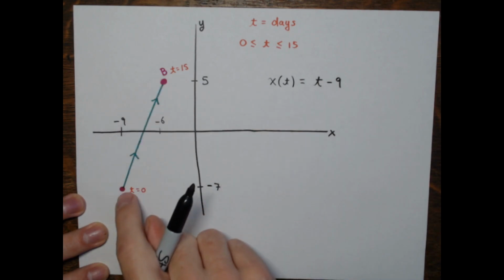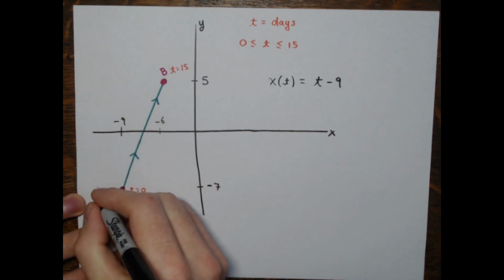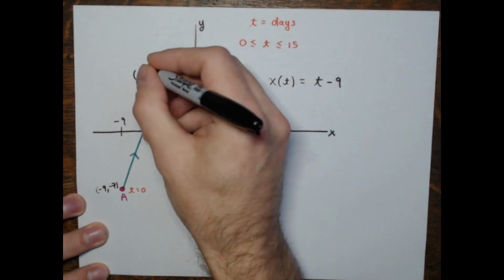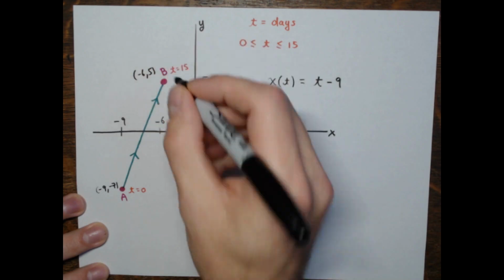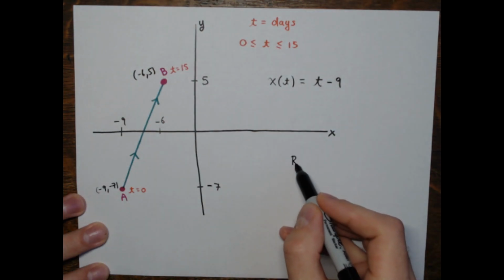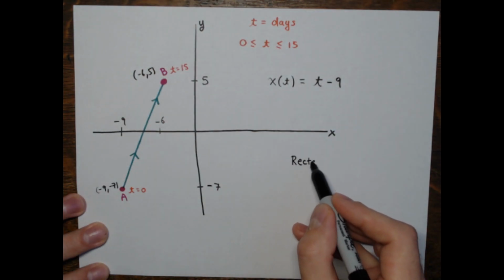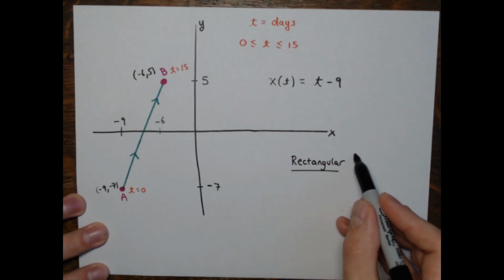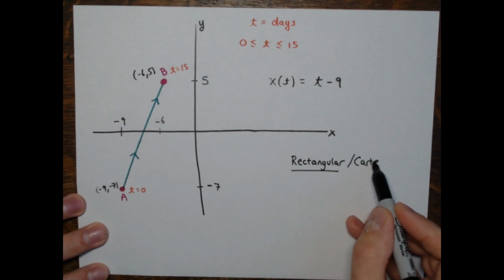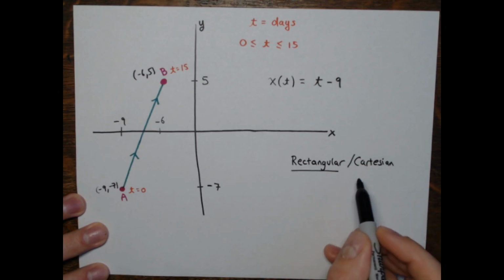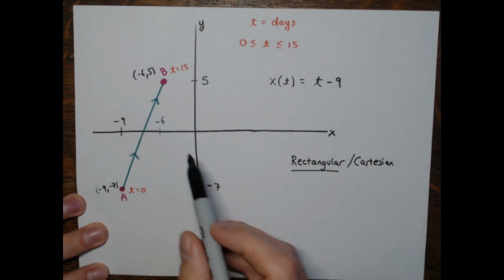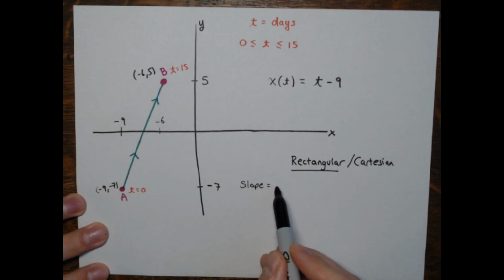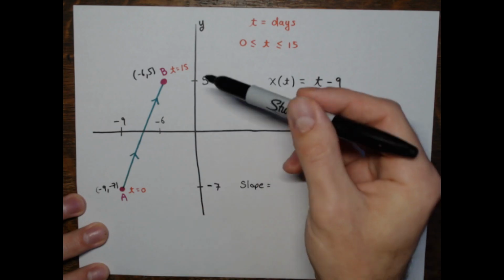And then what I'm going to do next, again, this is the point -9, -7 and this is the point -6, 5, is write the rectangular, Cartesian equation for this. Now the slope of this line is change in y over change in x.